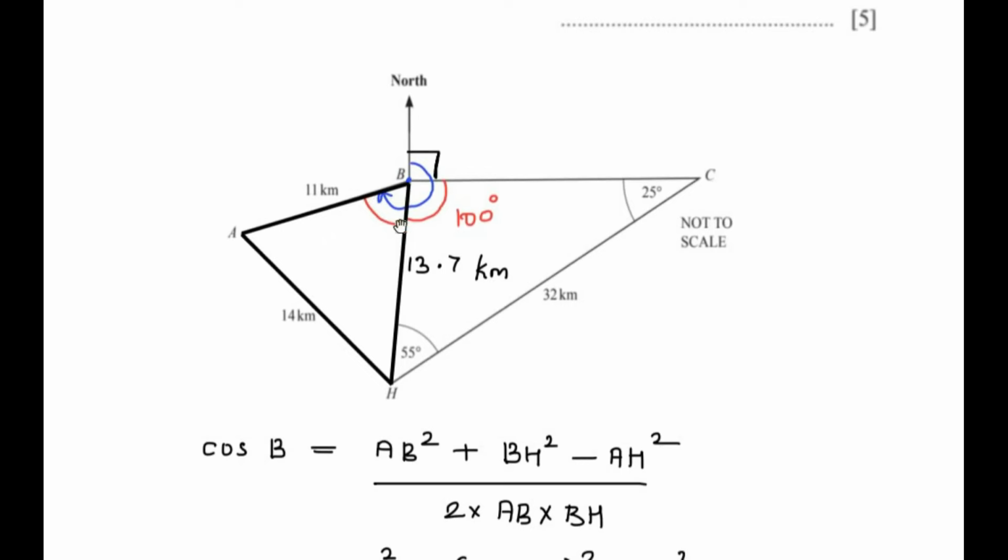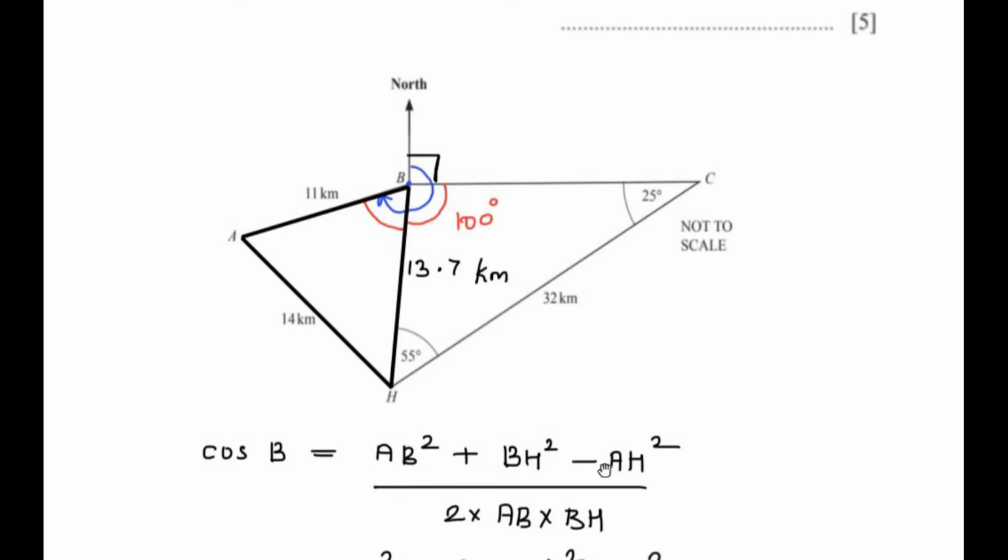So cos of angle B is equal to, now take the sum of squares of the two sides which are enclosing this angle B. So it is going to be AB square plus BH square. Now subtract the square of the side which is opposite to the missing angle. So here the side opposite to angle B is AH. So we have written here minus AH square. Now the whole thing divided by 2 times the two sides multiplied together which are enclosing angle B. So 2 times AB times BH.